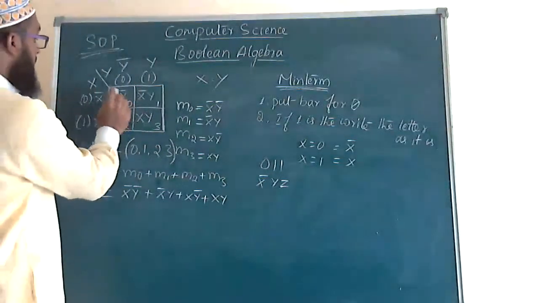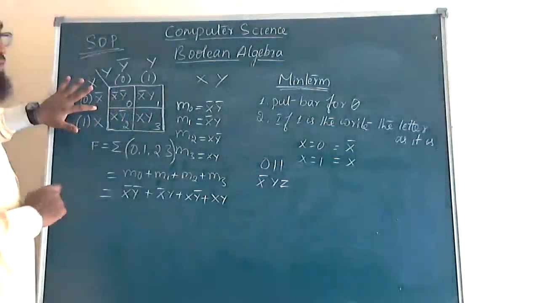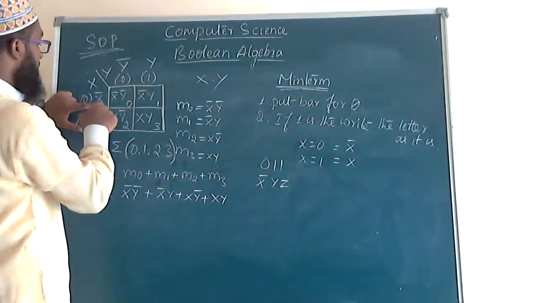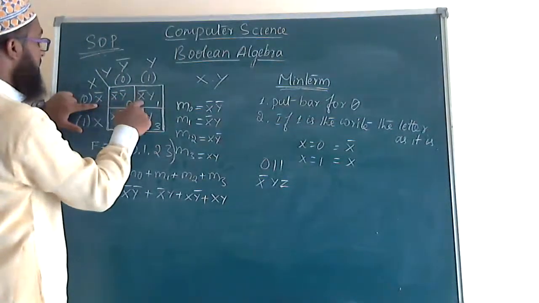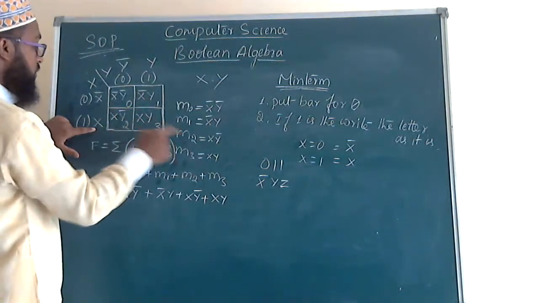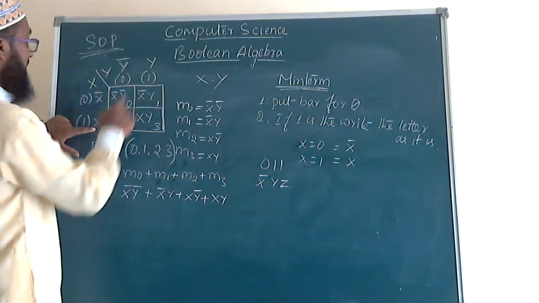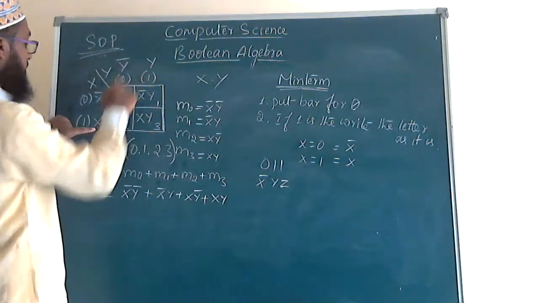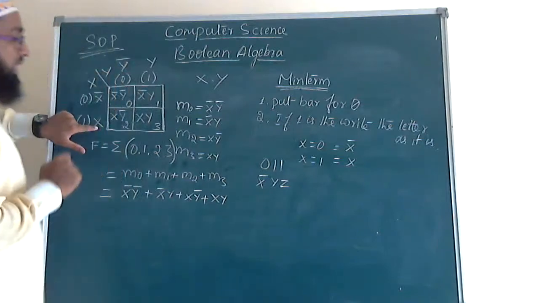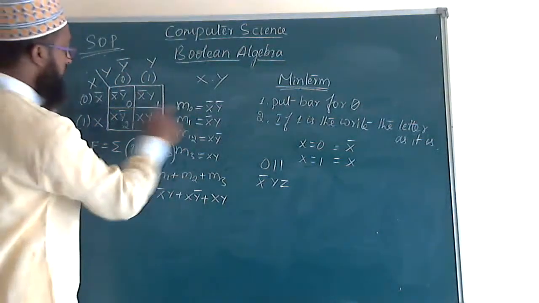Then write the expression. First write x bar, then y bar. Then for this square, first write x bar, then y. Then for this square, m2, write x here, then y bar. After that, write x here, then y here, like that. Then write down m0.